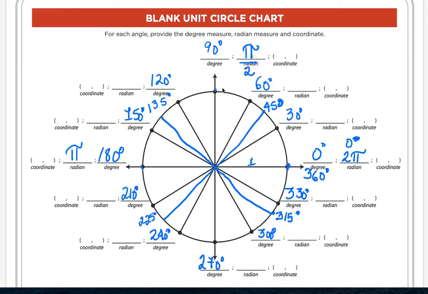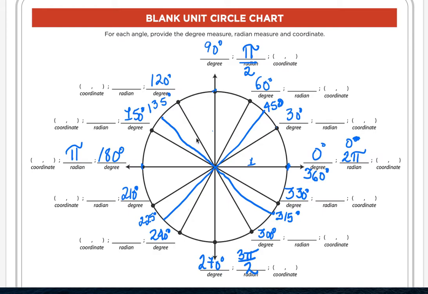So if I've got pi over 2 here, from here to here, and then I got another pi over 2 from here to here, then that's basically saying 2 pi over 2. And then I'm going to add another pi over 2 over here. Then what do I have? I got 3 pi over 2, right? And then I'm going to add another pi over 2 to that, and that's going to give me 4 pi over 2, which is the same thing as 2 pi, okay? All right, so that gives me all the quarter marks there.